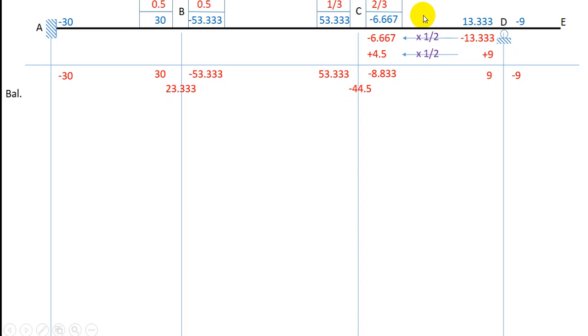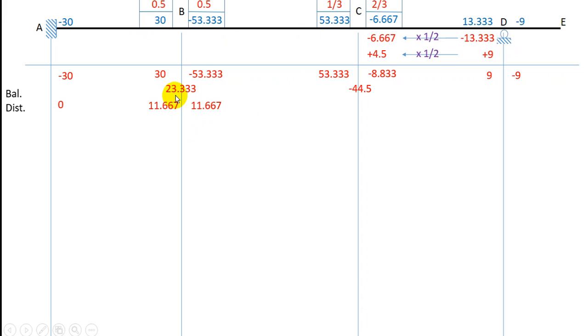The second step of the first iteration is distribution. Now we just have to distribute it. Here I have written 0 because there is nothing to balance here. Distribution is basically how much contribution is made by BA and BC.